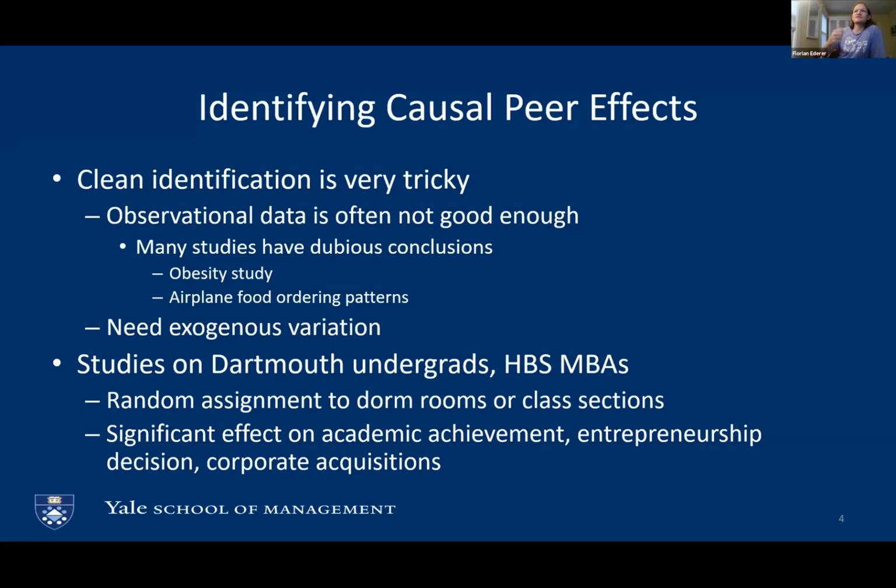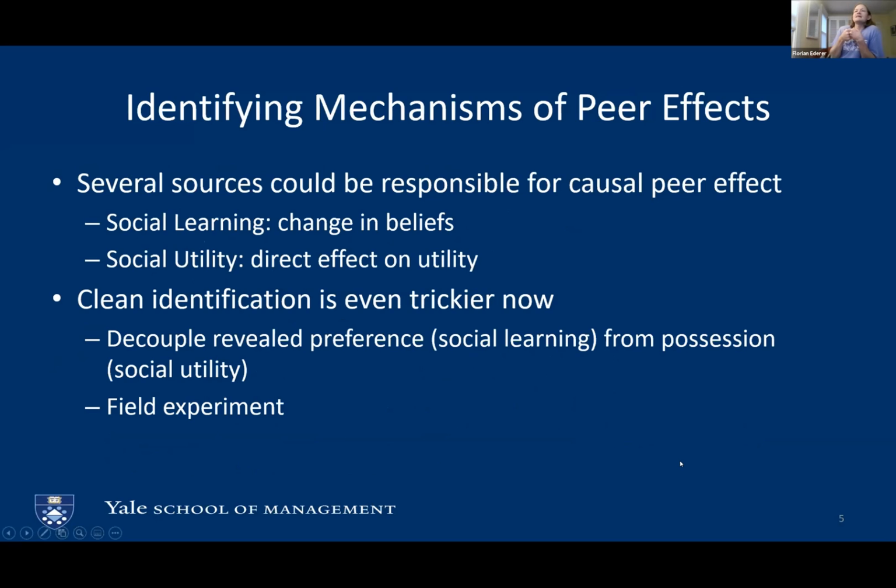But to separate out the mechanisms, you're going to need even more exogenous variation. Not only do you need to get the causal peer effect first, but you also need an additional source of exogenous variation that allows you to decompose that causal peer effect.